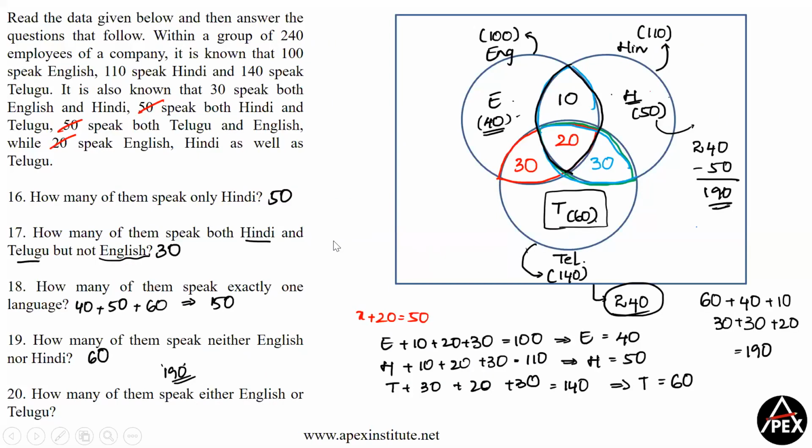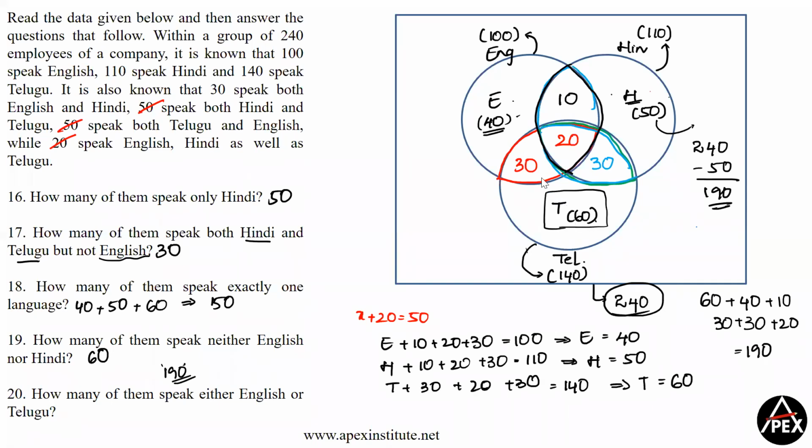Clear? The questions will be tricky, but if you can understand this, you can answer all the questions on Venn diagrams. So how many of them can't speak Hindi? It will be people who speak only English and only Telugu, that is 100, and English and Telugu also.